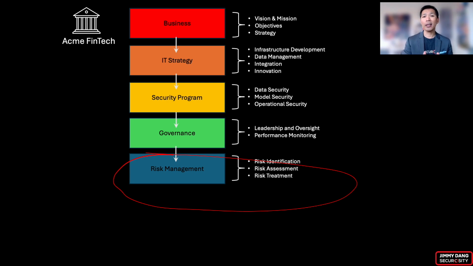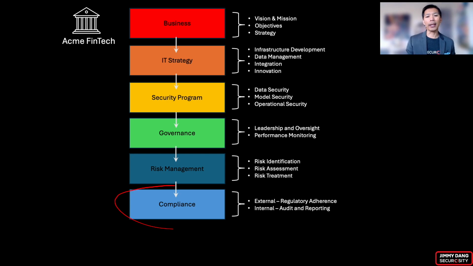Risk assessment, evaluating the likelihood and impact of identified risks to prioritize mitigation efforts. And 3. Risk mitigation, implementing controls to reduce risk exposure, such as regular security audits, robust access control, and bias detection mechanisms.